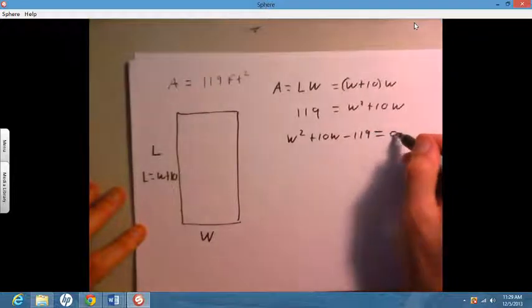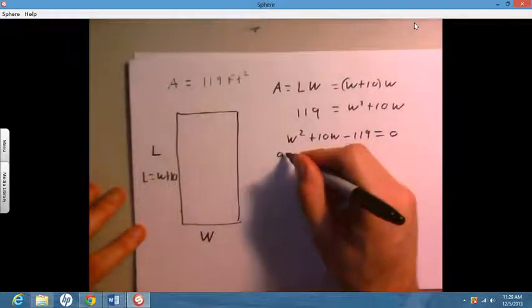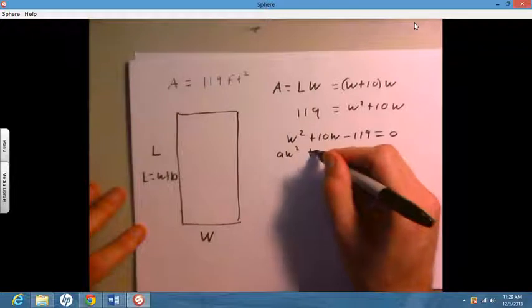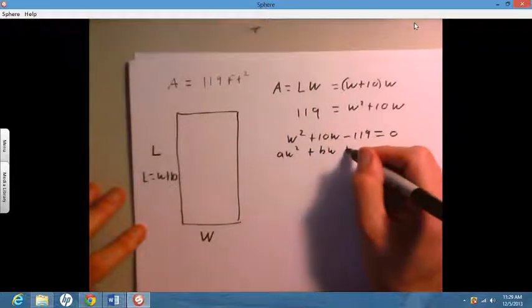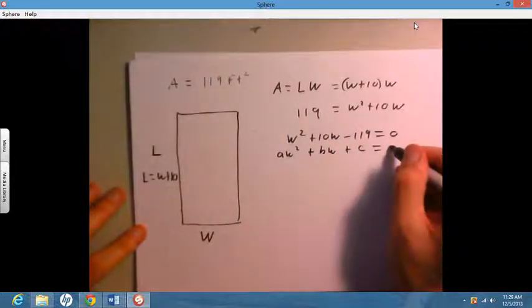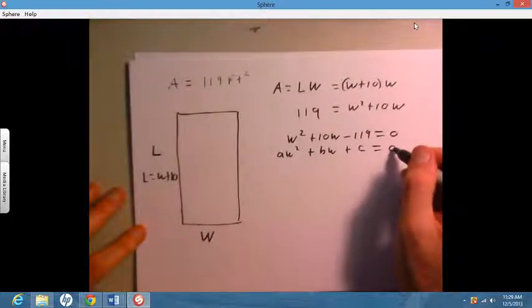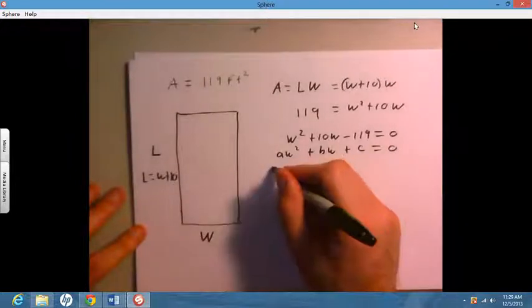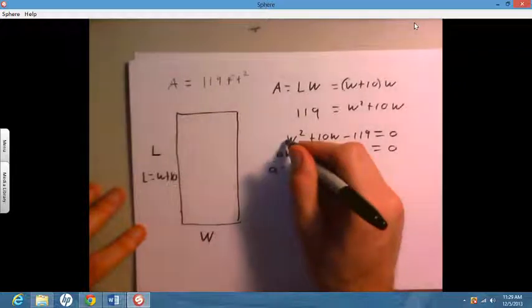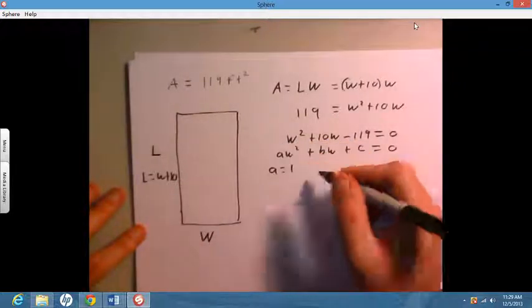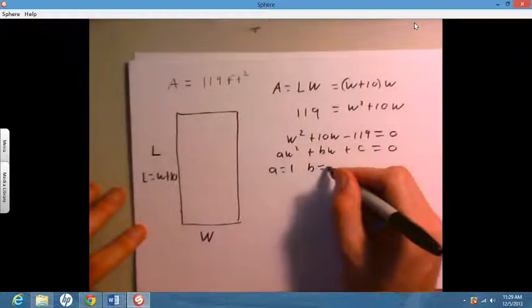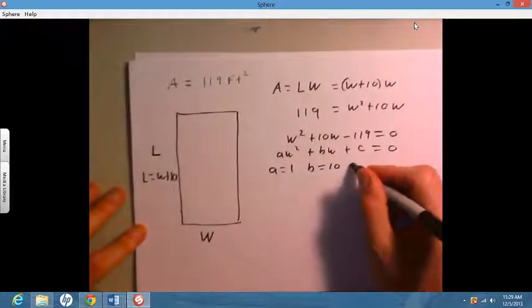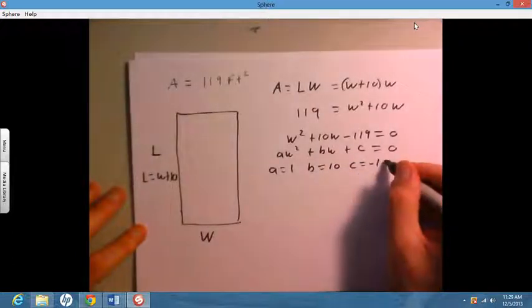Now notice this is in the form of a w squared plus b w plus c is equal to 0, which is the quadratic equation in standard form, where a is the coefficient of w squared. Since there's nothing there, I just write a 1. b is equal to 10, and c is equal to negative 119.